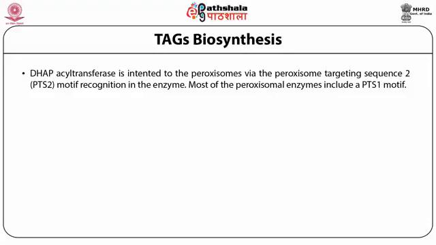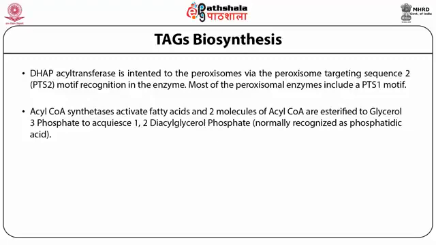In the next step, acyl-CoA synthetase activates fatty acids and 2 molecules of acyl-CoA are esterified to glycerol 3-phosphate to yield 1,2-diacylglycerol phosphate, normally recognized as phosphatidic acid.